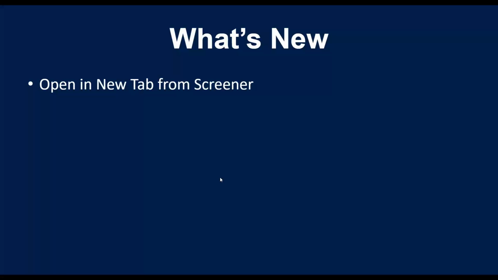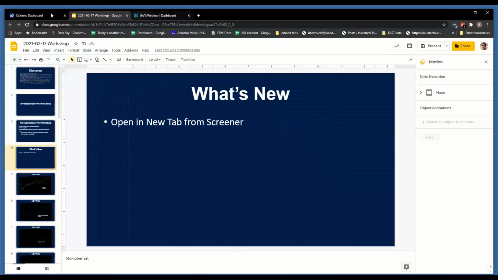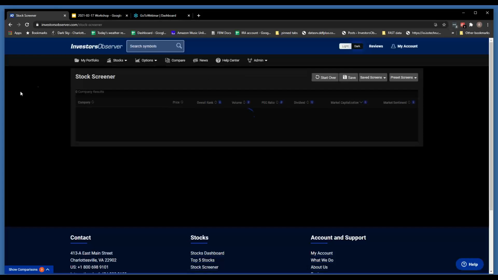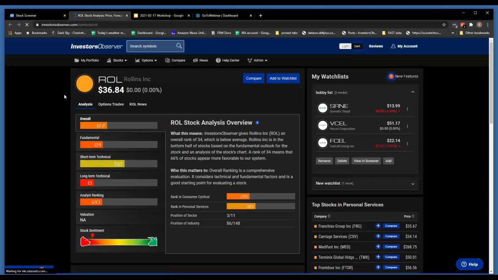All right, so we don't have a lot to announce this week, but we do have one thing that's exciting, at least to me, in terms of new at Investors Observer, and I think some other people will probably enjoy this. We have made it so if you're on one of the screeners, either the stock screener or the option screener, you can open the stock page from here in a new tab by clicking Control or Command on a Mac.